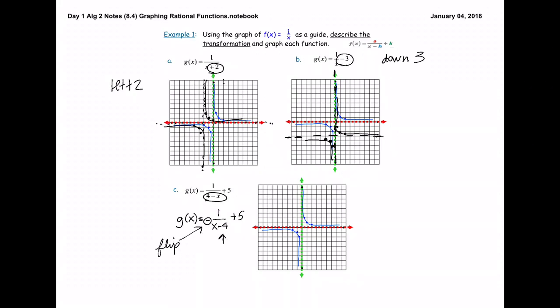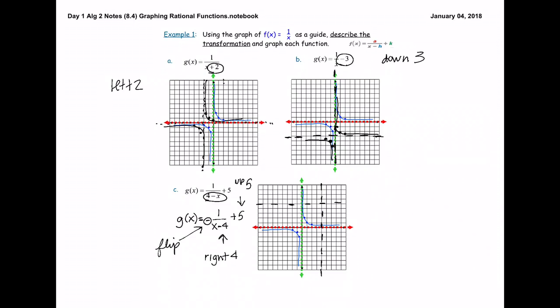This negative 4 in the denominator is going to tell us that we move right 4, and this positive 5 is going to tell us up 5. So we're going to move our horizontal asymptote up 5. We're going to move right 4. So remember that the denominator is opposite of what you think.